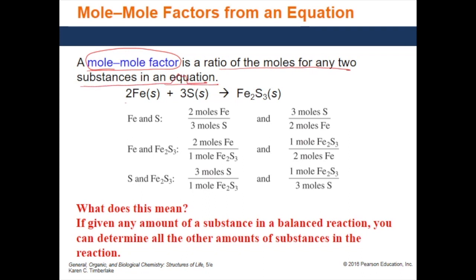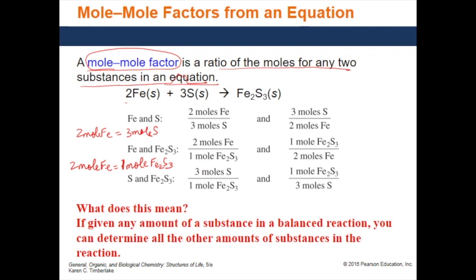This is the ratio of the moles for any 2 substances in a chemical equation. So between Fe and S, you could say 2 moles of Fe is equal to 3 moles of sulfur. Okay, and you can use that conversion factor when needed. Similarly, between Fe and Fe2S3, you could say that 2 moles of Fe will produce 1 mole of Fe2S3.